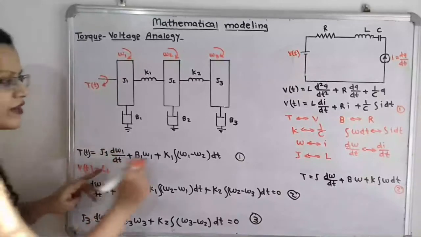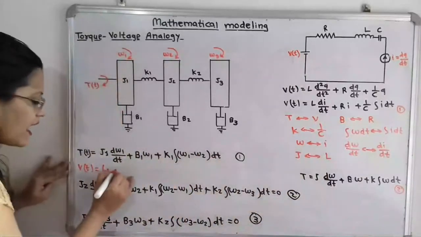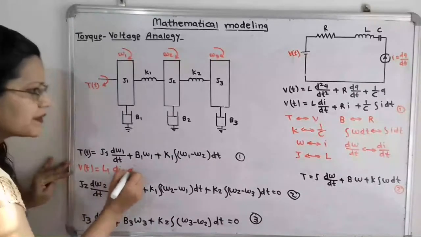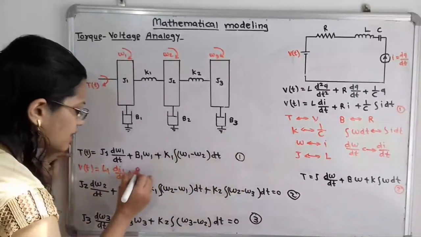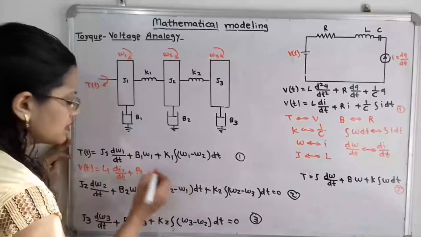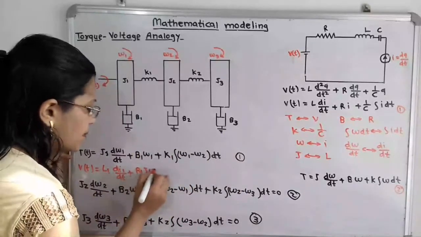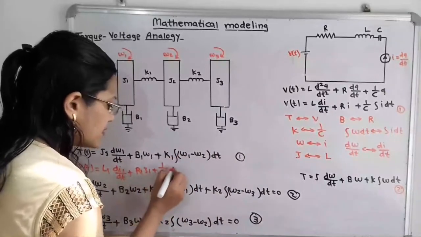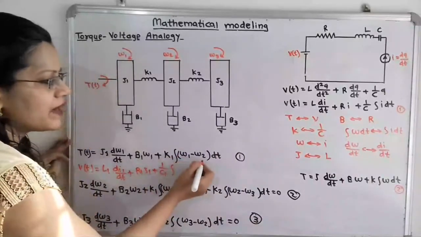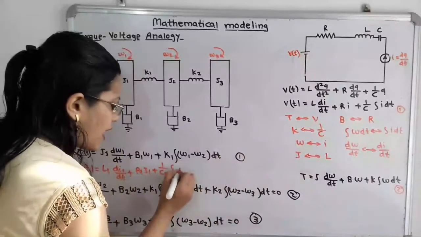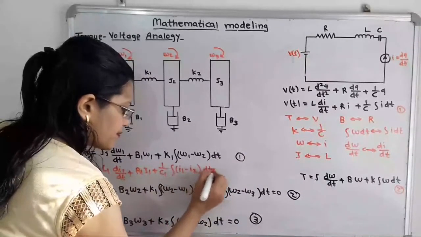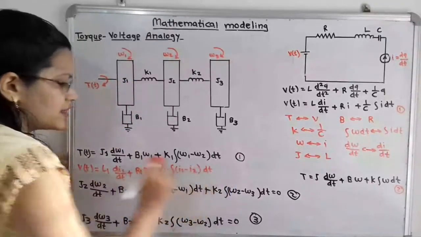Now d omega 1 by dt, that means I will write di1 by dt, plus B1. So B1 is nothing but R1 and omega 1 is nothing but I1, plus K1. So K1 is nothing but 1 by C1, integration of omega 1 minus omega 2, that is I1 minus I2, dt.